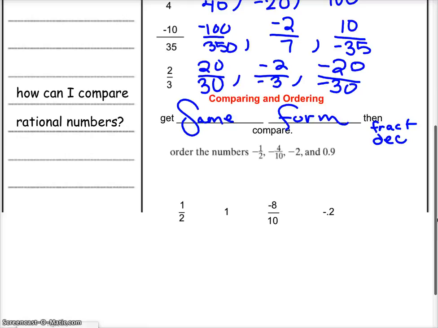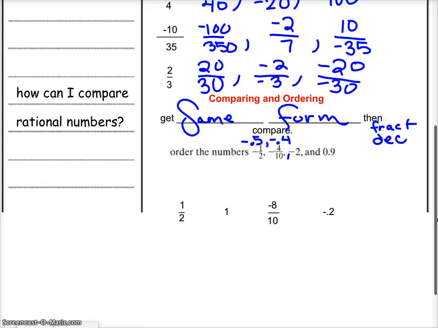So I turn this to negative 0.5, this is negative 0.4, and then the others are already decimals. Now when you put it in order, you have to put in original form. So that means that I'm not going to put negative 0.5 first, I put negative 1/2. So you always have to go to the form that they gave you.